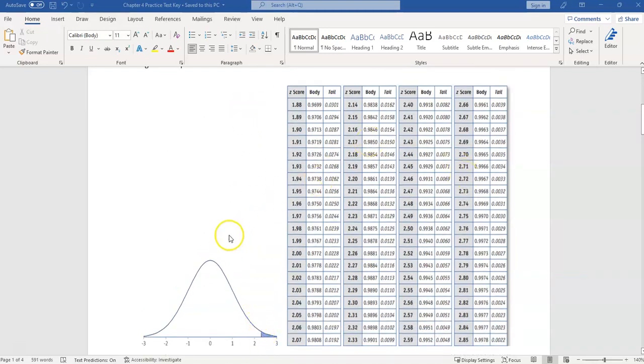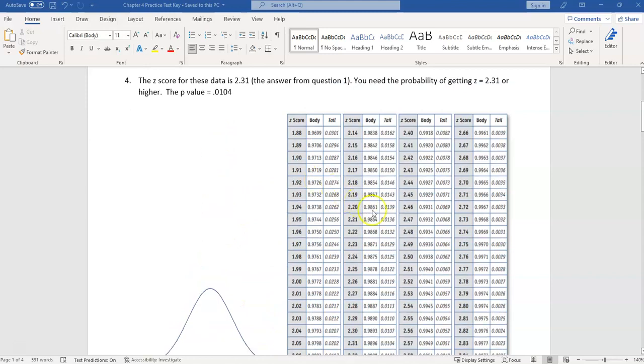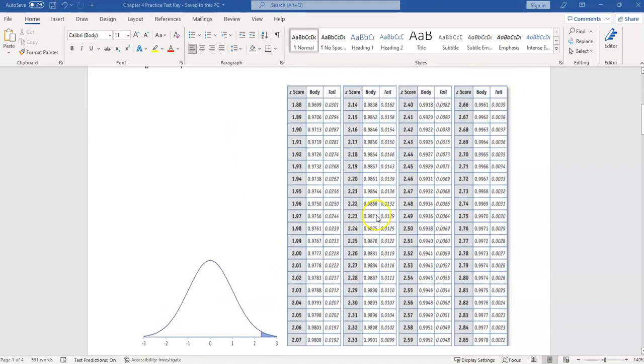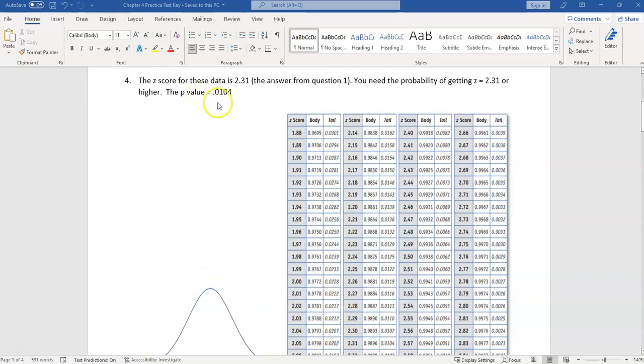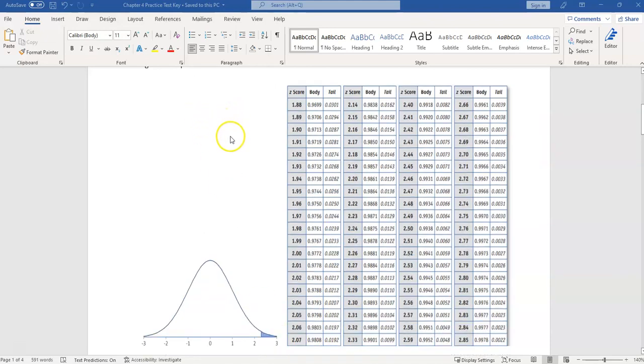Because this is a z, you can go to Appendix A and you find 2.31 right here. And because the question was asking for that value or higher, it's a tail. So for your 2.31, you want the tail. There's your p-value. On the question, the option you're given is 0.01, and here's why. We just didn't carry out all the digits.